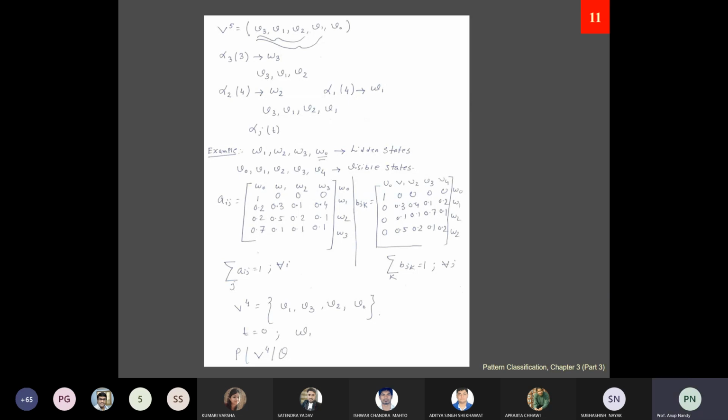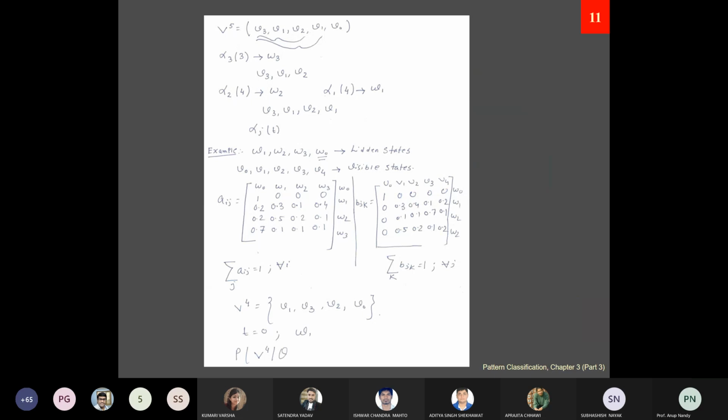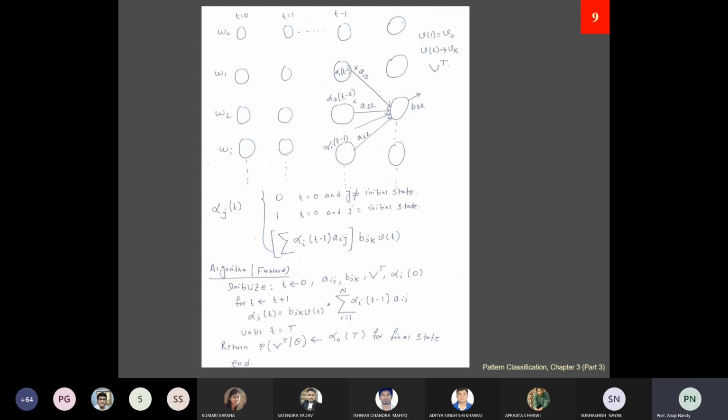And you know the formula for alpha j. Alpha j is equal to 0 when it is not an initial state. If j is the initial state, then it is 1. If it is not, then it is 0. How will you do it? Any idea? You have to use this diagram. Just think of it. How do you do it?